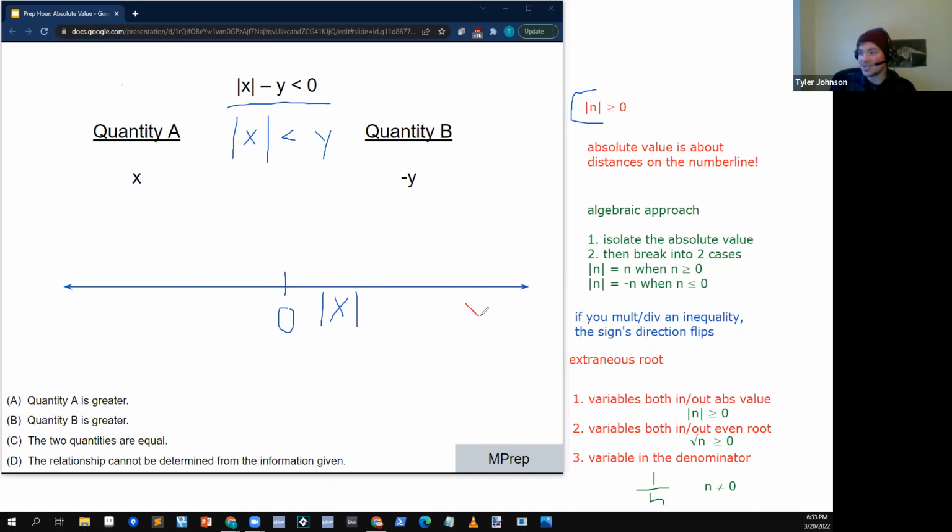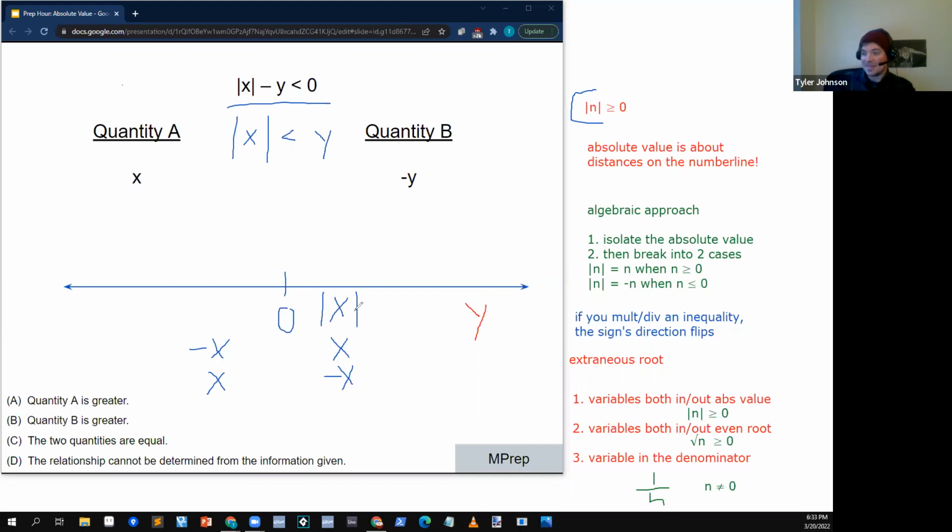That is, it's to the left of y on the number line. So that means either x would be right there because it's positive and negative x would be over here, or it's the opposite case, that x itself is negative, in which case its absolute value is equal to its opposite.